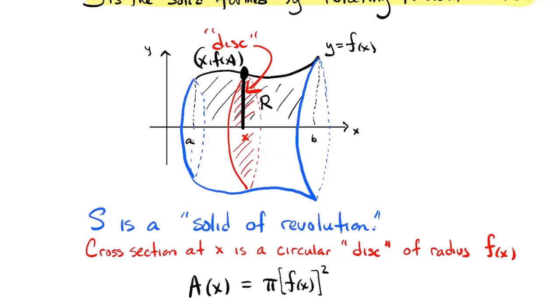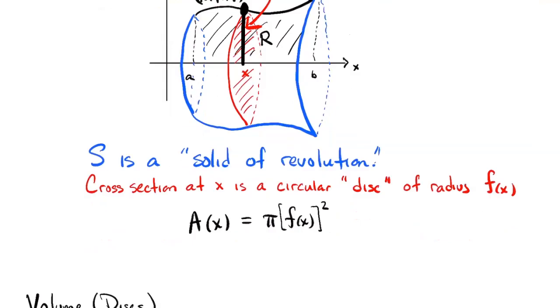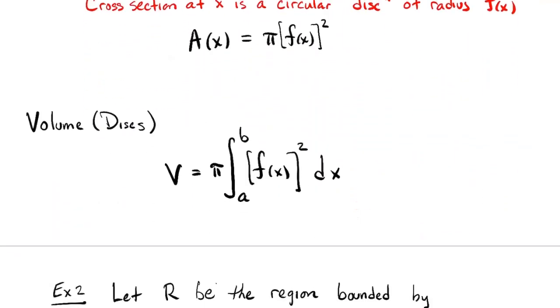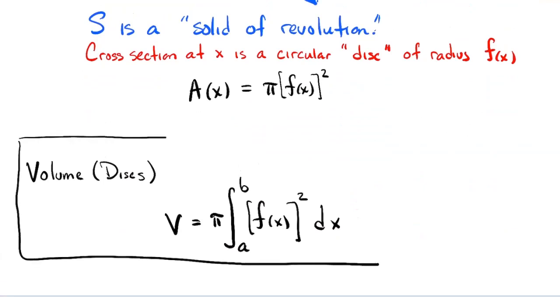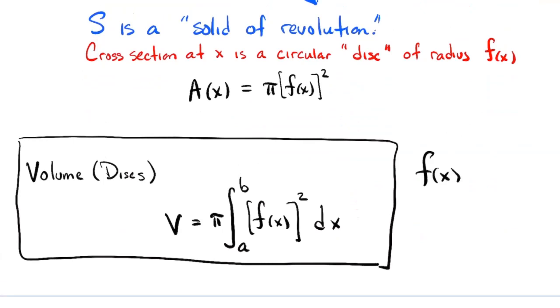Since the volume is the integral of cross-sectional area, if we throw that into our integral formula, we get this disk formula. The volume of a solid of revolution, for a function f of x continuous and greater than or equal to 0 on a to b, where R is the region bounded by its graph, is pi times the integral from a to b of f of x squared dx.